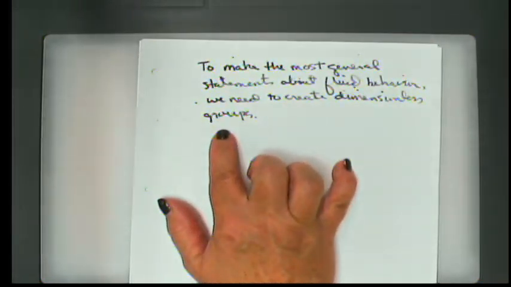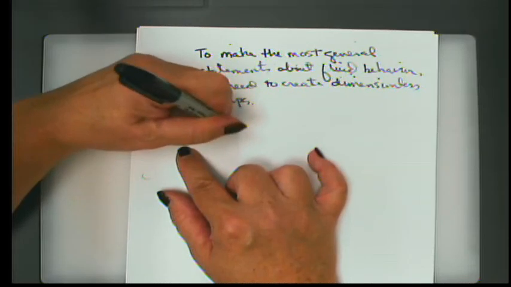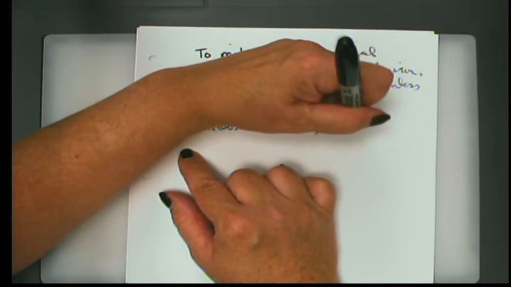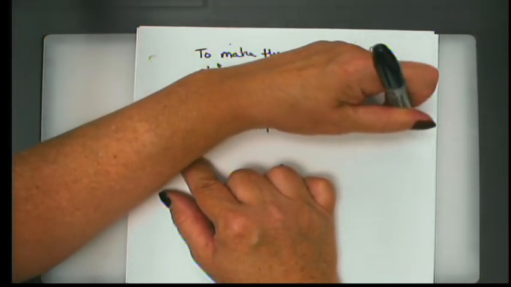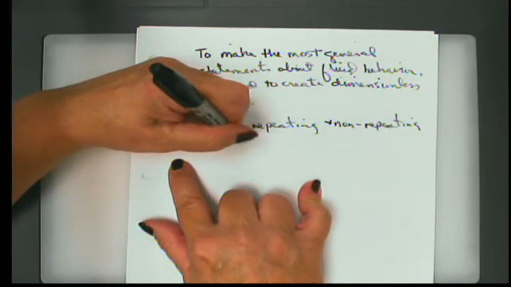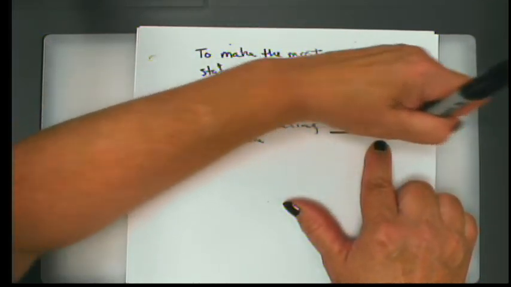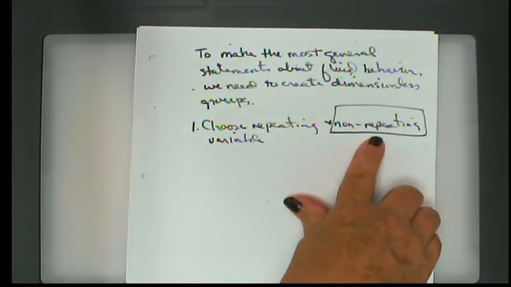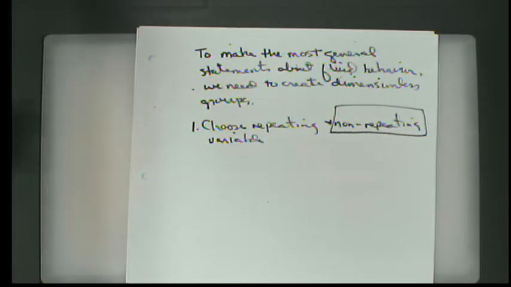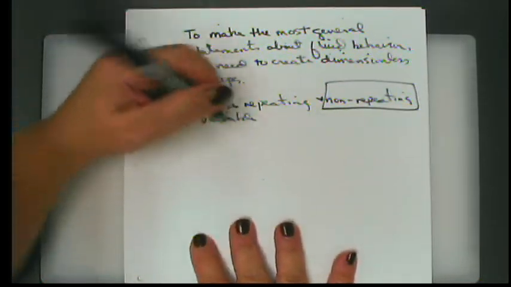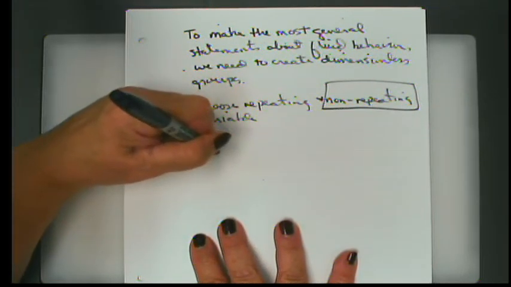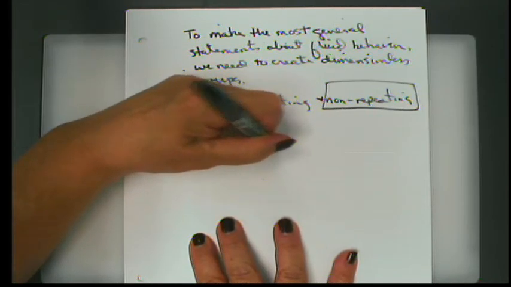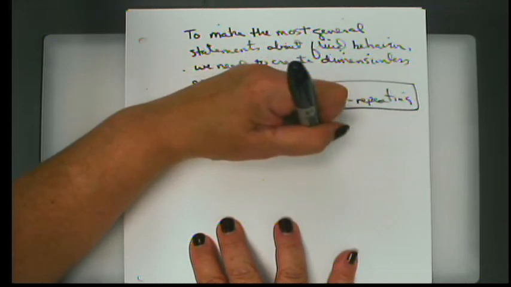In order to do this, we need to choose repeating and non-repeating variables. Recall that if we're interested in the behavior of one variable in particular, we want to make sure that that is non-repeating. And then we want to form our dimensionless groups so that basically we have one dimensionless group that is a function of one or more other dimensionless groups.